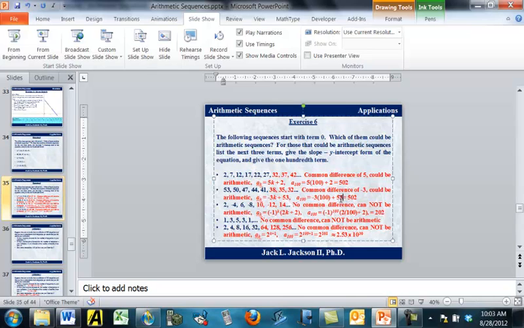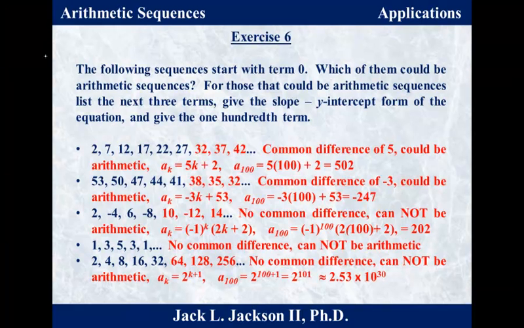So that's negative 300 plus 53 is negative 247, I believe. Let's see. Yes. Okay. Let's go back. Okay, that looks good.